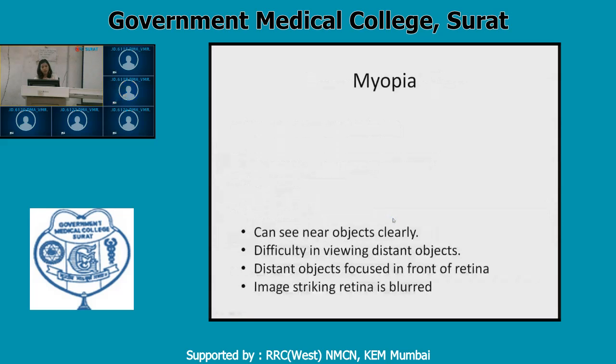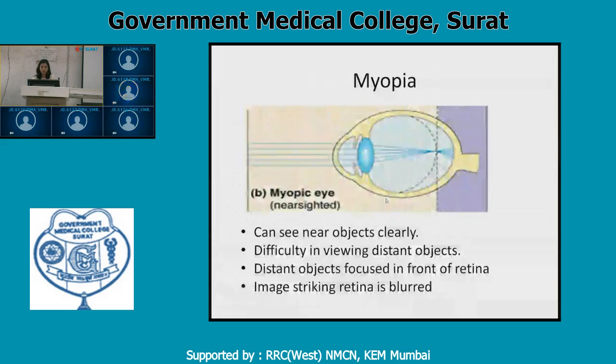Now coming to myopia. Myopia is, as this figure is showing, when parallel rays coming from a distant object are focused in front of the retina. You can see the image is formed in front of the retina, and on the retina there is some scattering of these light rays.